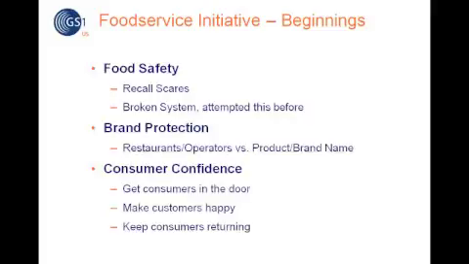Brand protection was another issue. If I'm an operator ordering ketchup, it's important which brand of ketchup I'm ordering. Not only do I want to talk about ketchup, I want to talk about specifically which ketchup it is, which is the point that Pete was making about GTINs identifying very specific products. And then consumer confidence.